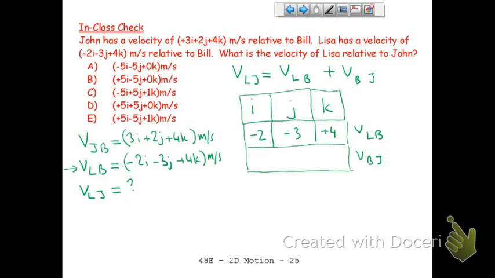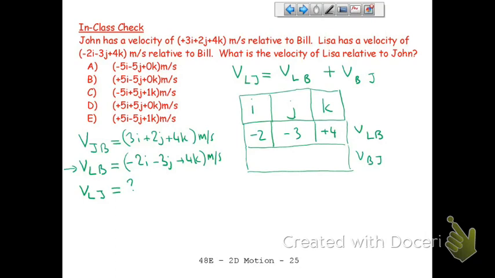In fact, I've got the opposite of it. I've got John relative to Bill, not Bill relative to John. I got it backwards. It's just the opposite components. That direction is opposite to that. It's the opposite x component, the opposite y component, the opposite z component.